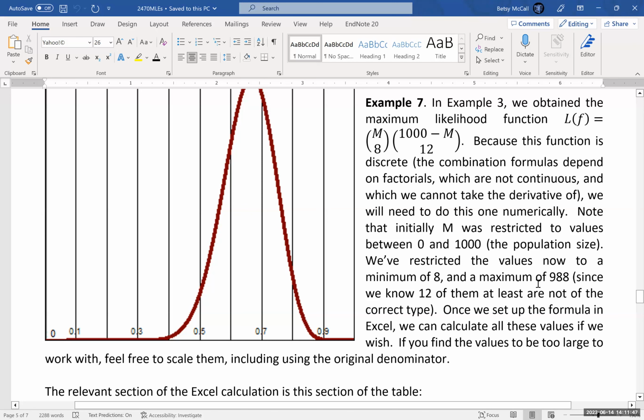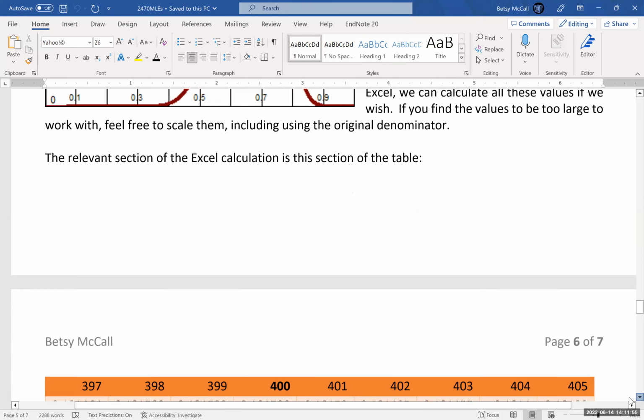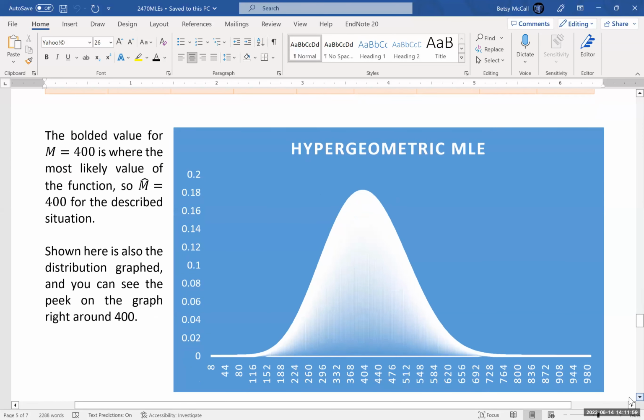And then we just test all the values, and then we can plot them and see where our peak is going. I did this calculation in Excel. This is the graph that I obtained by plotting the outcomes of my hypergeometric maximum likelihood function anywhere from 8 to 988.